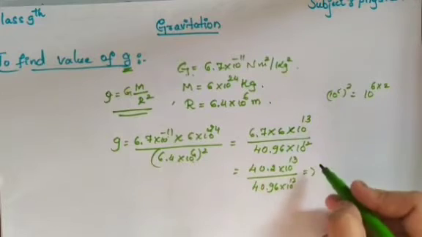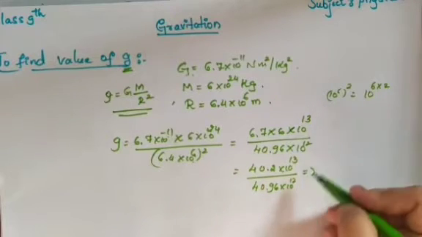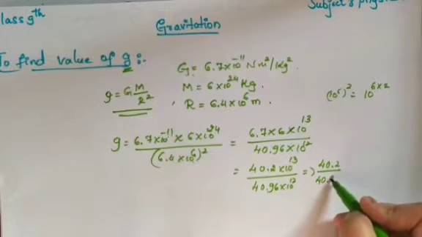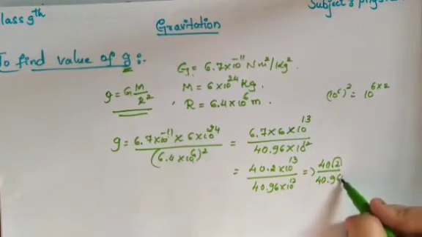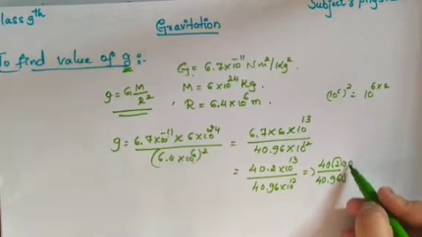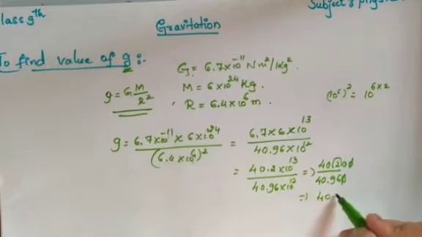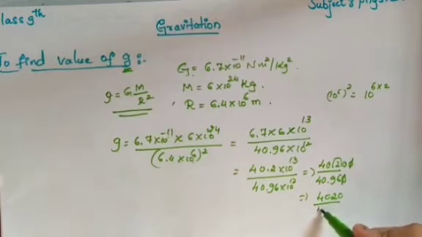So 40.2 divided by 40.96: shifting the decimal point, we get 4020 divided by 4096.